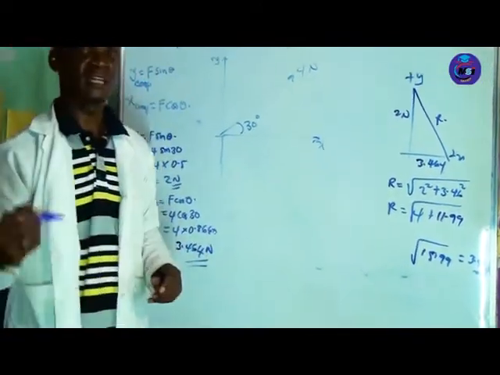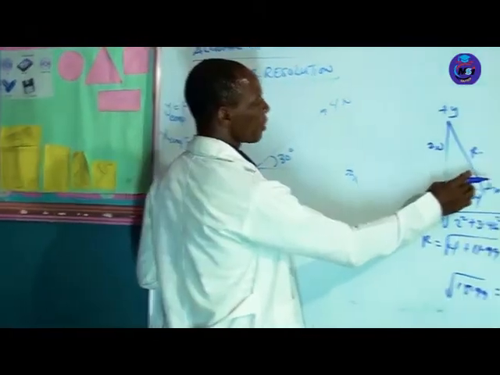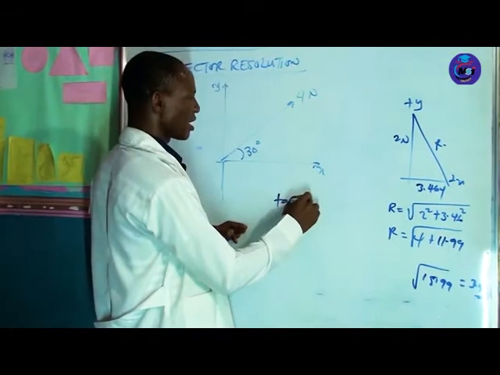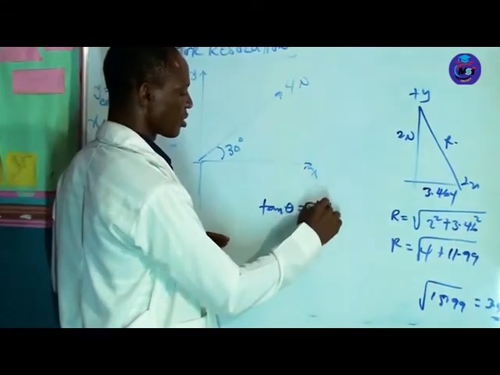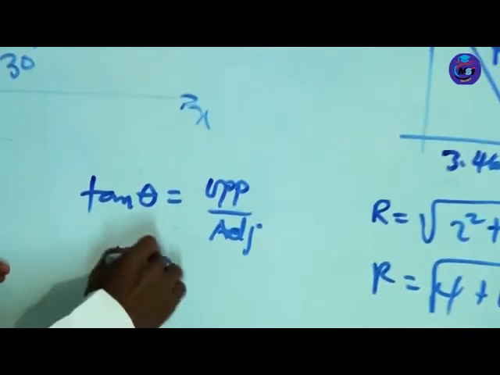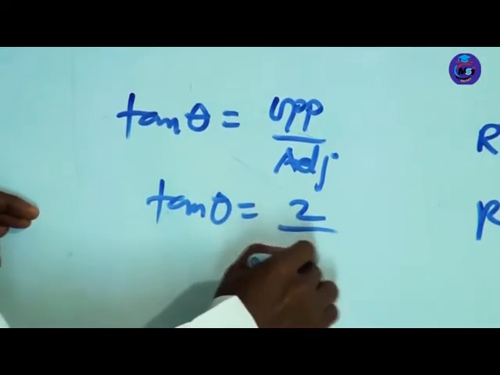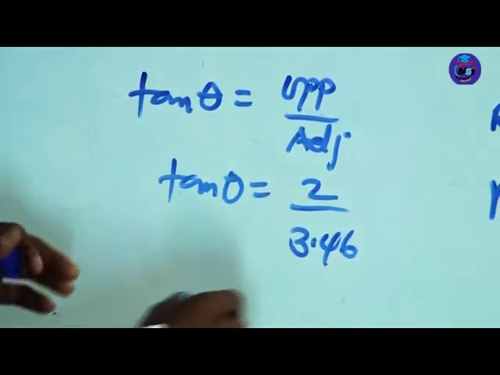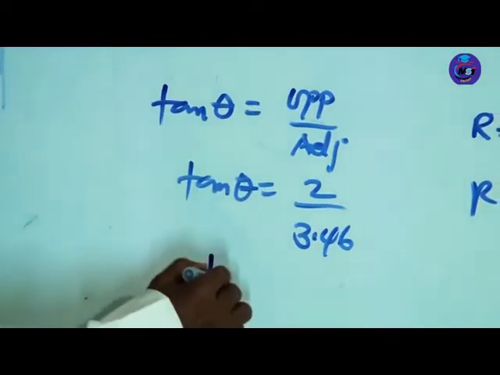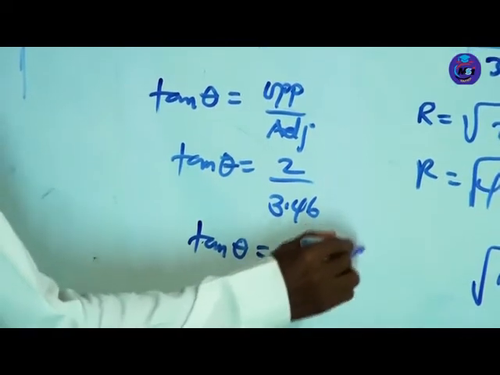that is the angle, theta. So we use tan, which is the opposite over the adjacent. So tan theta, the opposite is 2, the adjacent is 3.46. So we divide it. So we have tan theta equal to 0.578.